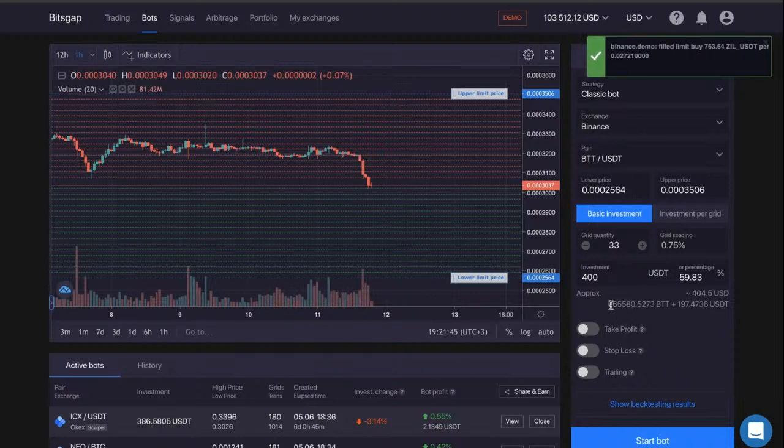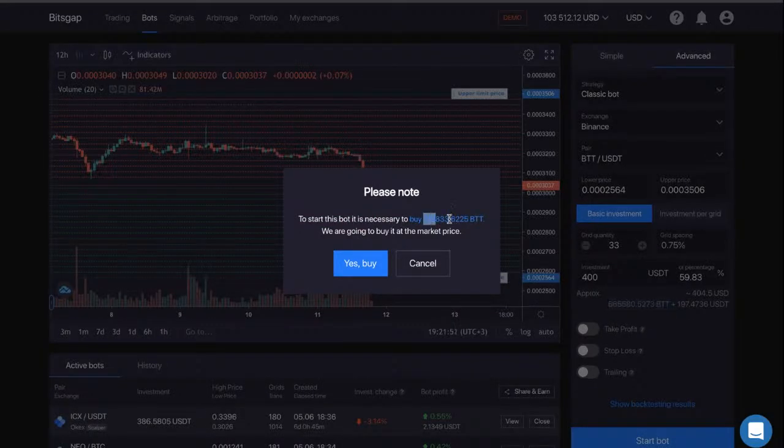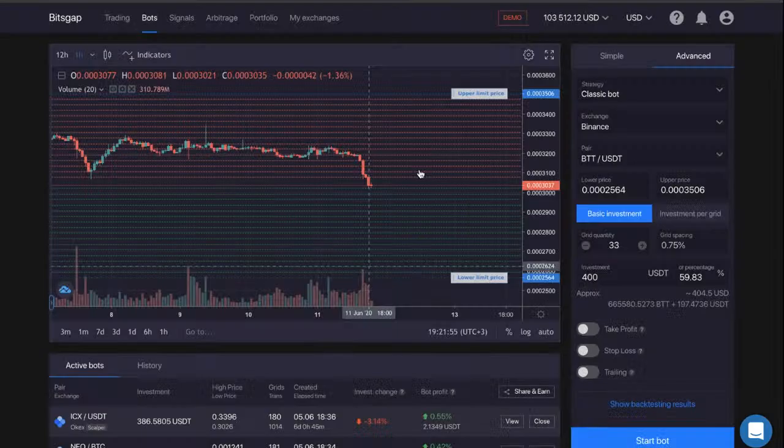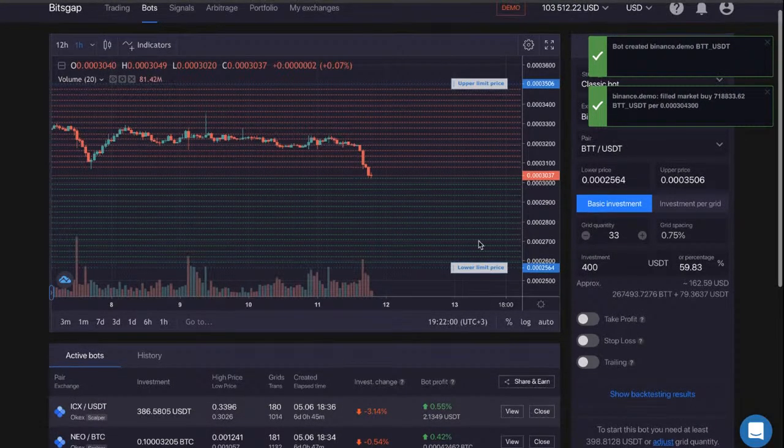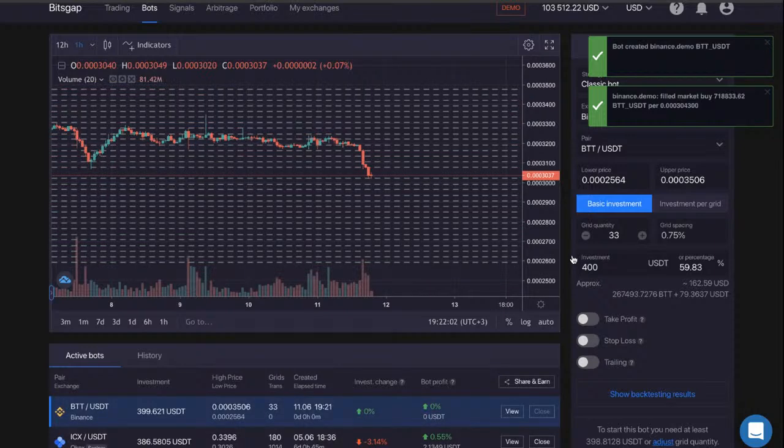And as I don't currently have that amount of BTT on my balance, when I click on start the bot, it tells me that I must buy the missing amount of BTT. I click on yes. But you're actually not forced to use this recommended market buy.